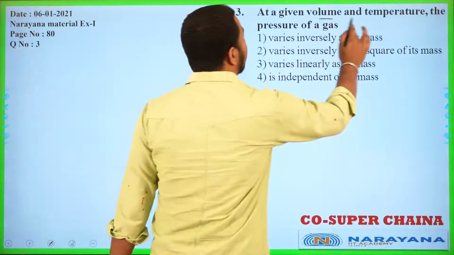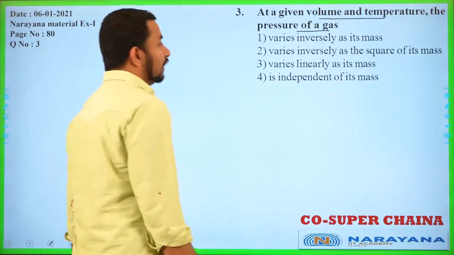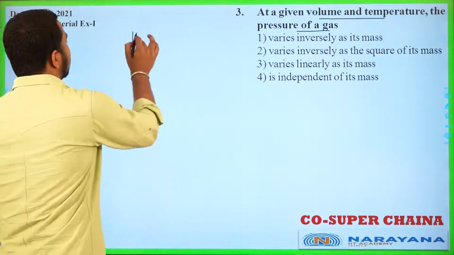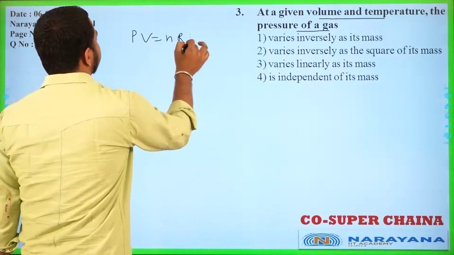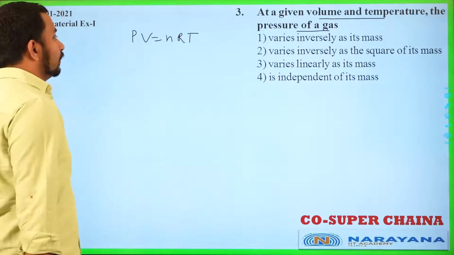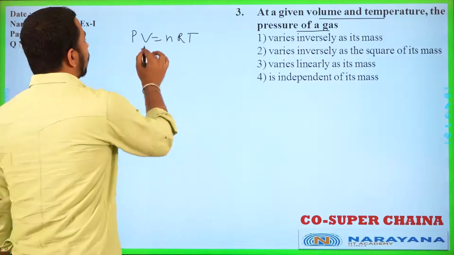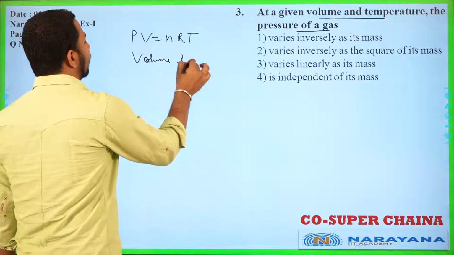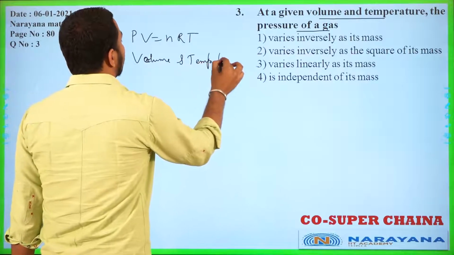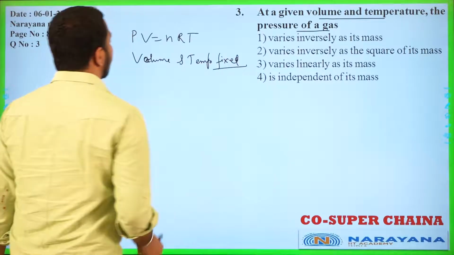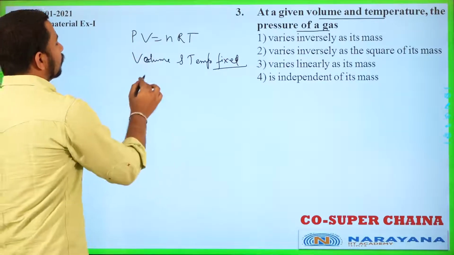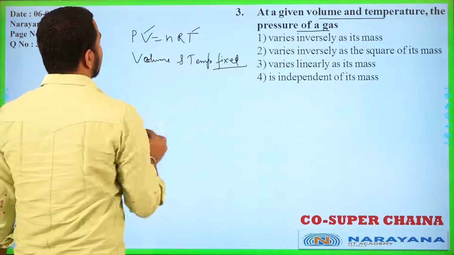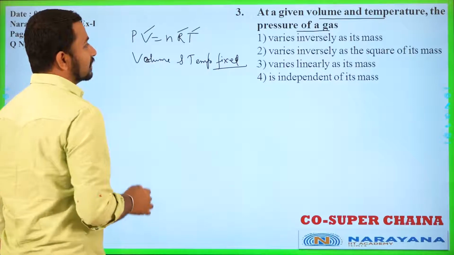For a given volume and temperature, what happens to the pressure of the gas? So for a given volume, PV is equal to nRT. For a given volume, what we can understand is that the volume and temperature are fixed. So if volume and temperature are fixed, this quantity is fixed, and R is obviously fixed.